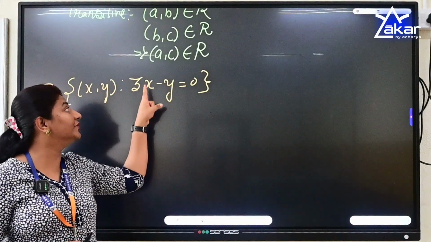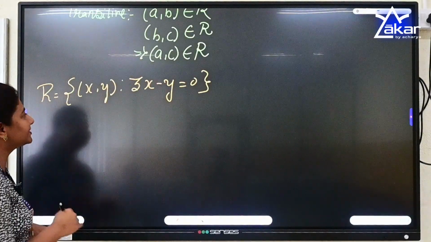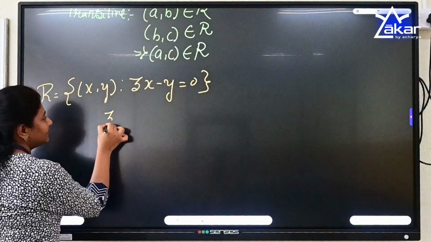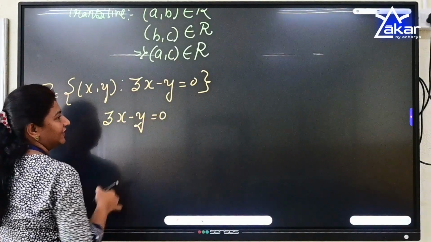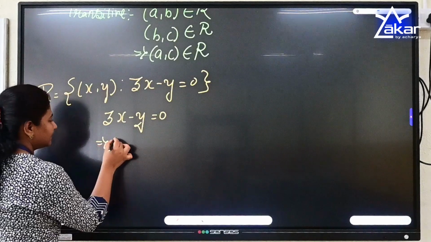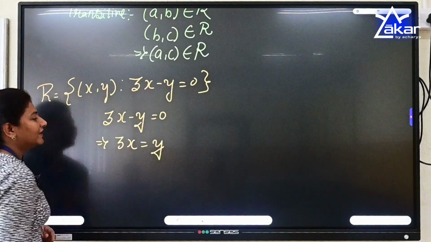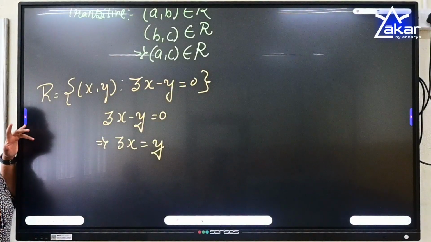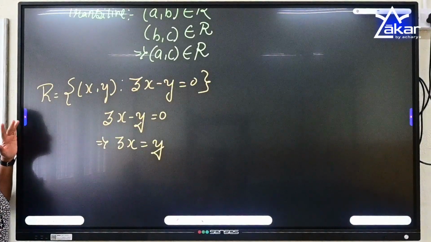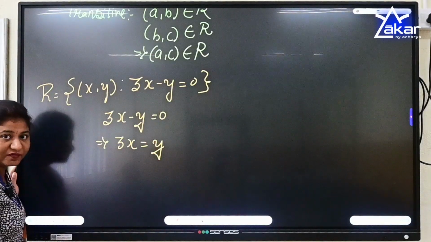Simplify this equation: 3x minus y equals 0 implies 3x equals y. So apply the elements of x and find the values of y.